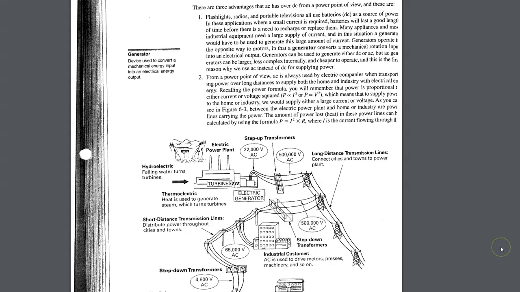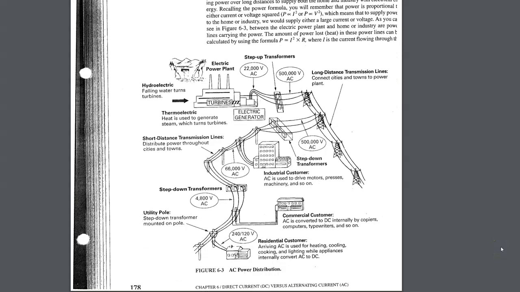And so what you see here is a picture of a power distribution system. Here we have a dam, and the water falls over and turns some turbines. We talked about a rotating machine and the generator, which I'll show you here in just a second. So you've got to have something that will cause the turbine's blade to spin the coil in the magnetic field that we discussed yesterday.